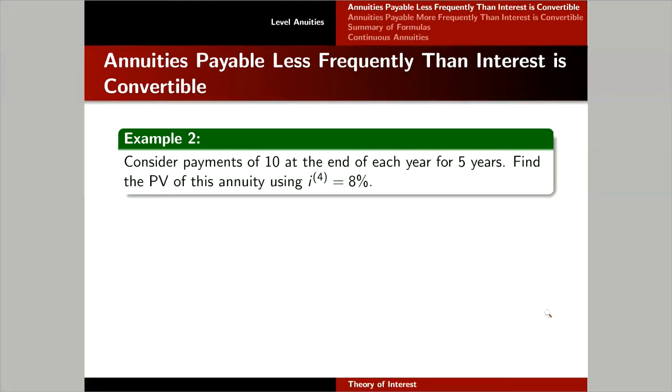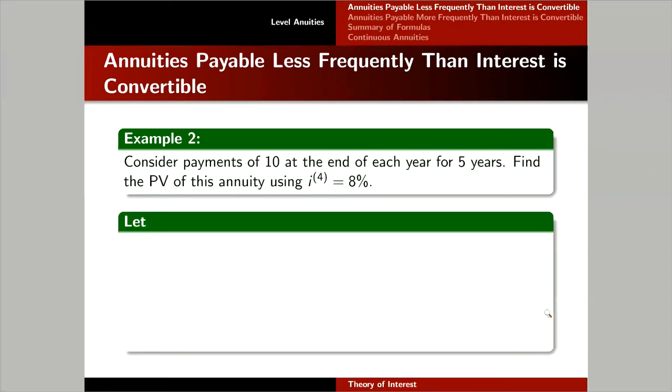So do you see? PP is less than ICP. Less frequent. Or mas madalas yung interest conversion period. Actually, hindi naman natin isolve ang example number 2. For demonstration purposes lang siya.